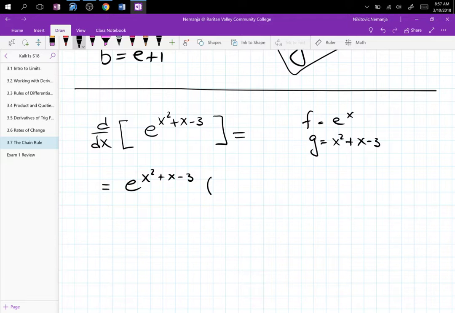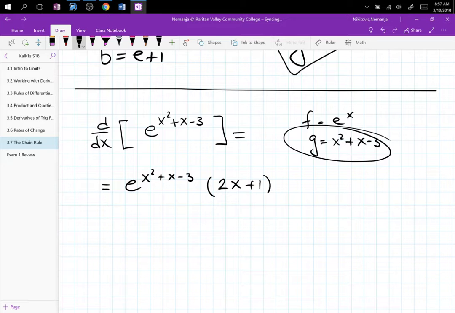And then times the derivative of the inner function, which is the one that is in the exponent, and that's 2x plus 1. The derivative of x squared is 2x, and the derivative of positive x is positive 1. So that's it. We're done. That's that. And now, this is just taking the derivative.